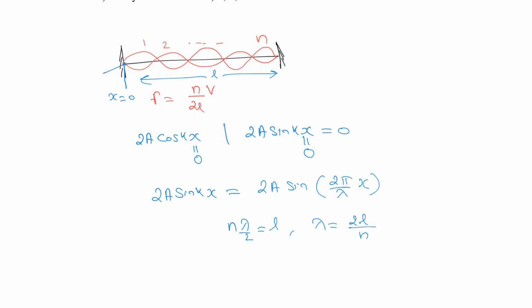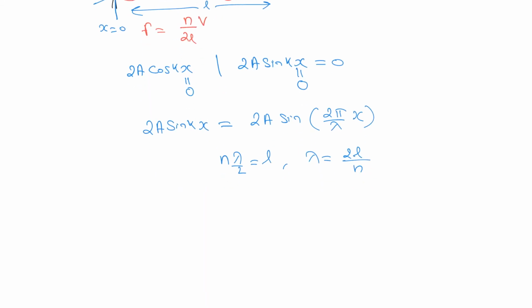If you put this value instead of lambda, then we get this equation as 2a into sine of 2 pi divided by lambda, written as 2L by n, into x.